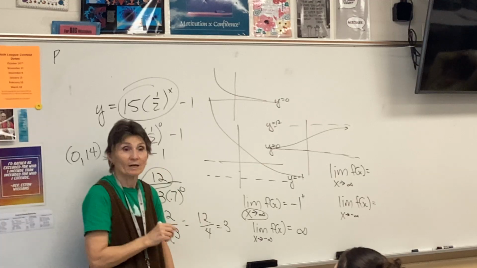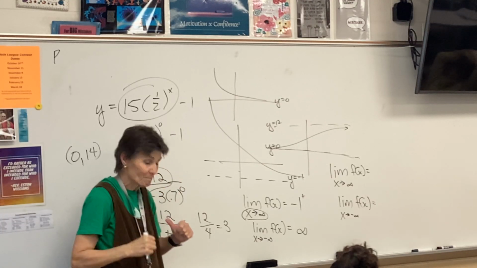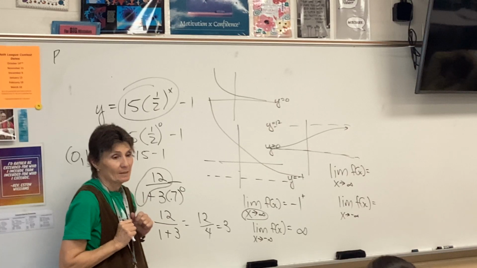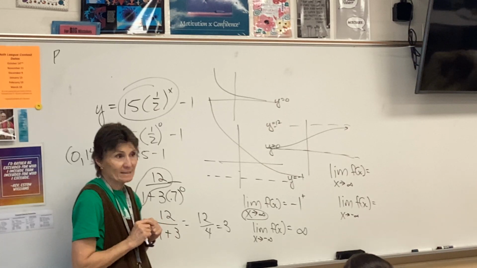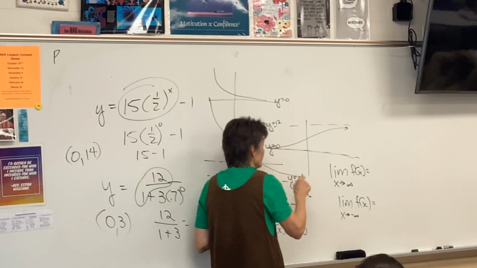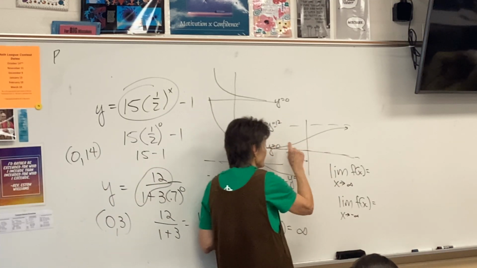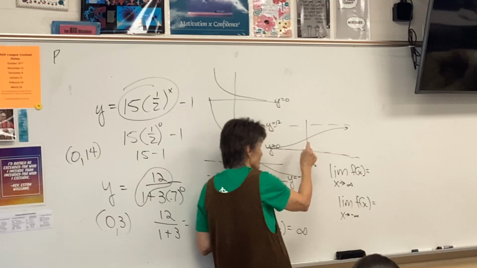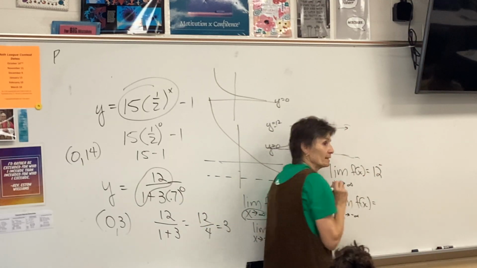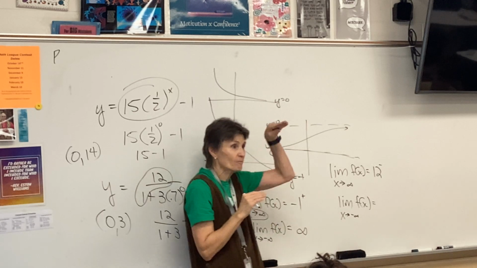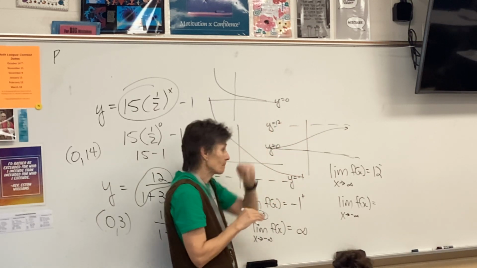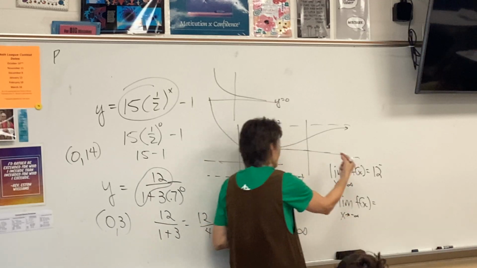If you want to do 3, you can. The idea is the same. What's happening in y? So you tell me what happens if I go to the right? In this picture right here, it's approaching 12. And I'm going to put a little negative there because it's coming up from the bottom. And then what happens if I go to the left?